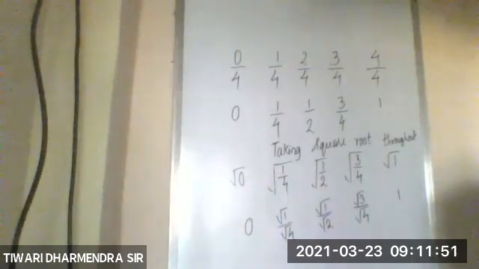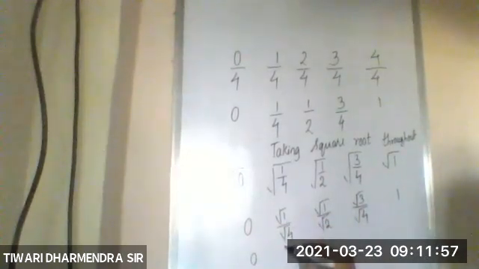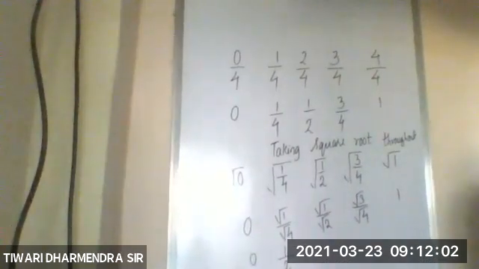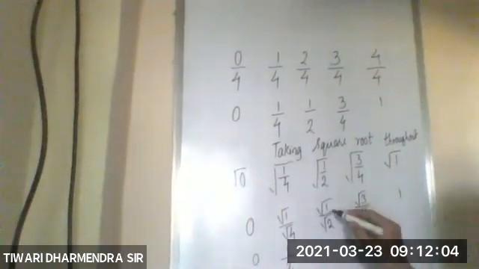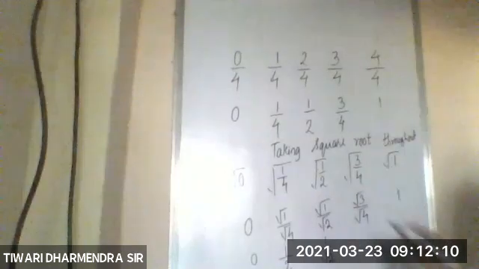Now, this is 0. Square root of 1 is 1 upon square root of 4 is 2. So 1 by 2. Square root of 1 is 1. Square root of 2 is square root of 2.